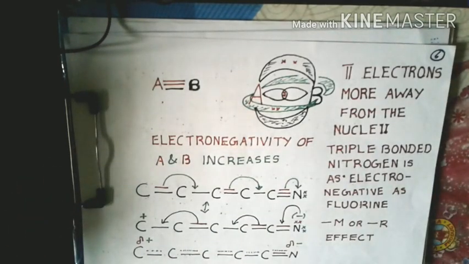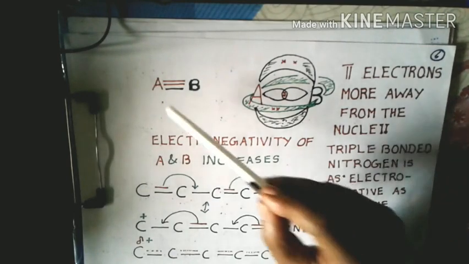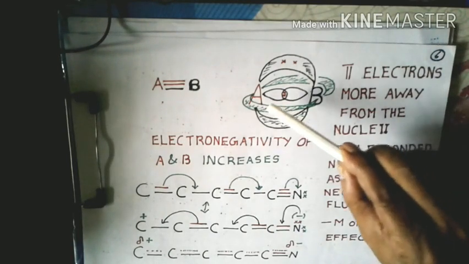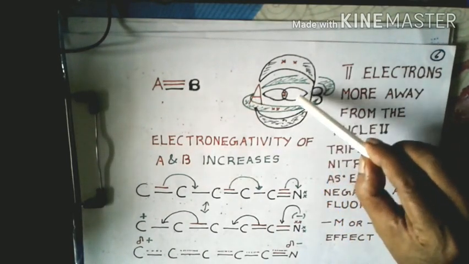Now consider two atoms A and B connected by a triple bond. A triple bond B. Now in a triple bond, one bond will be a sigma bond and the other two will be pi bonds. Now an approximate picture of the situation is shown here.